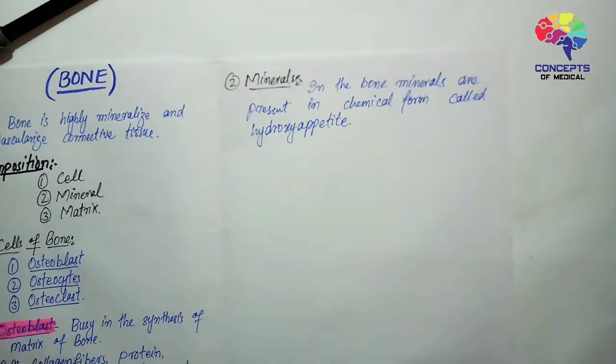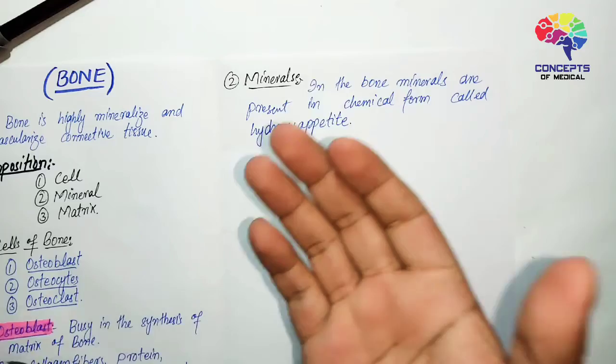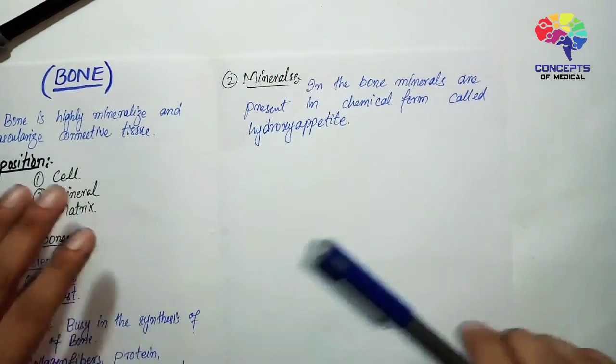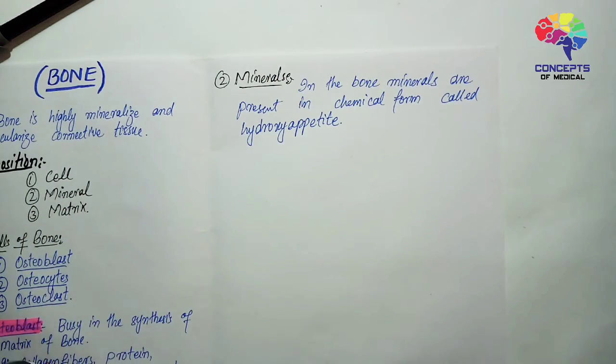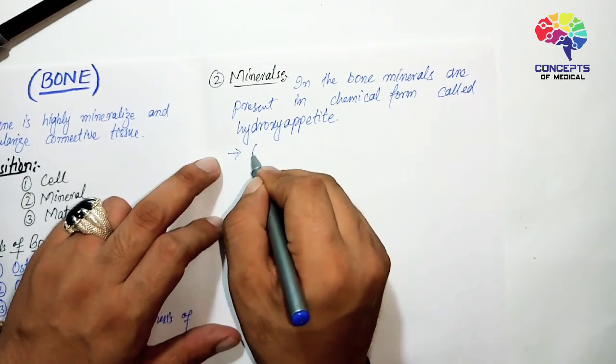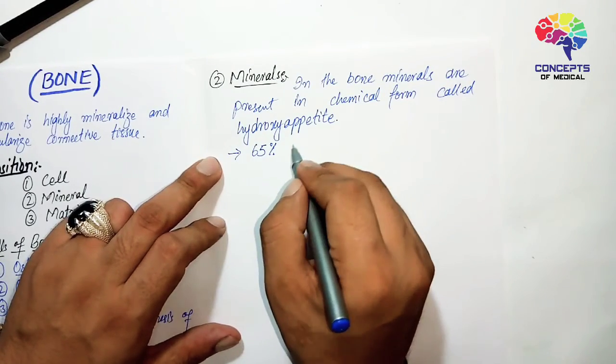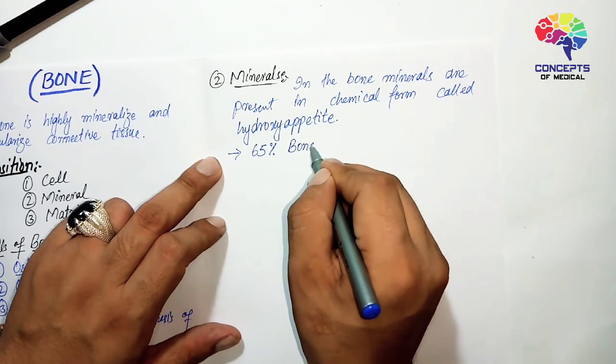So what is hydroxyapatite? Hydroxyapatite is the inorganic substance or inorganic mineral source in the bone, which forms 65% of the bone mass. So it forms 65% of bone mass, right?